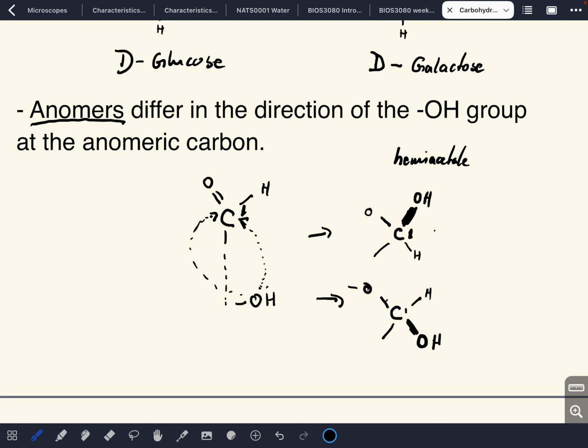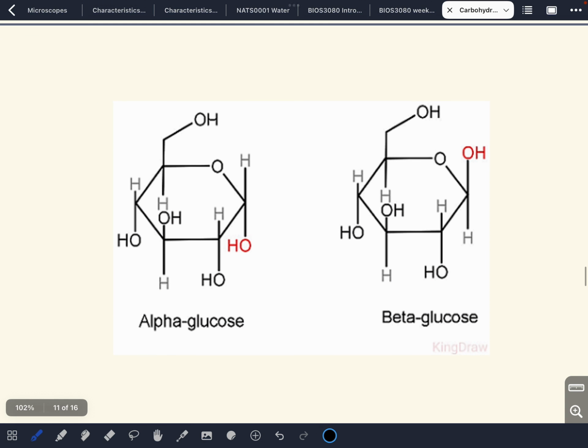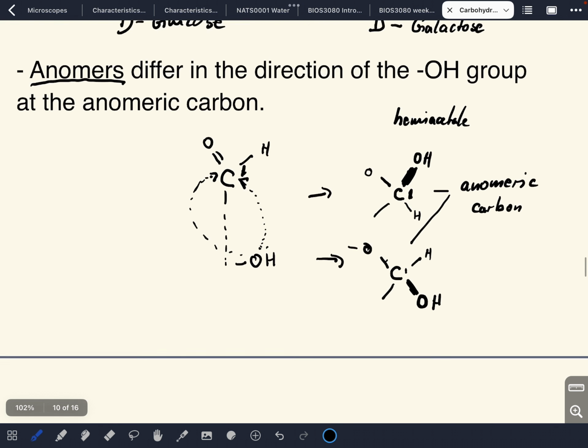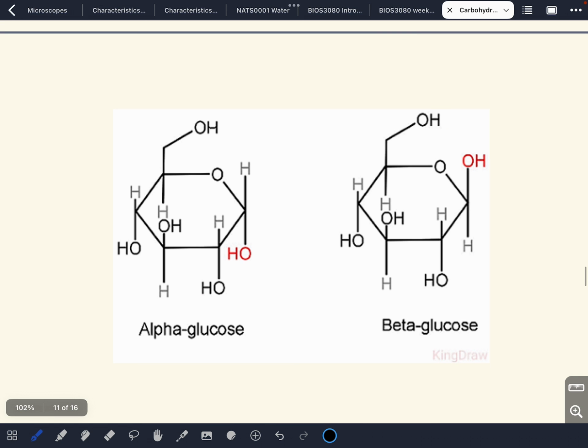So this C1 here is now called an anomeric carbon. And when we look at the Haworth projection, here is our glucose. It is D-glucose, and this one is also D.